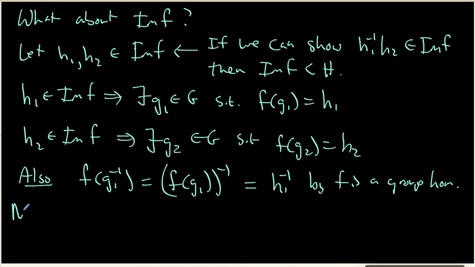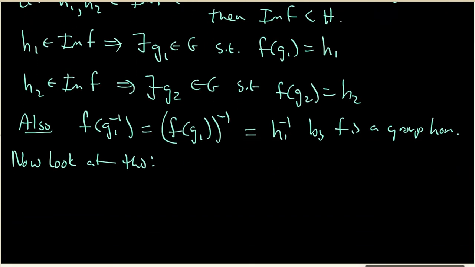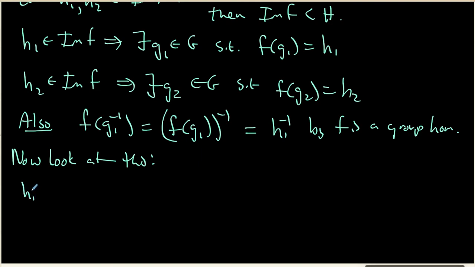So now look at this. I'm going to look at h1 inverse times h2. Now, what is h1 inverse? Tracking it back, h1 inverse is equal to f of g1 inverse. So I can write that h1 inverse as f of g1 inverse. And h2 is just another name for f of g2.